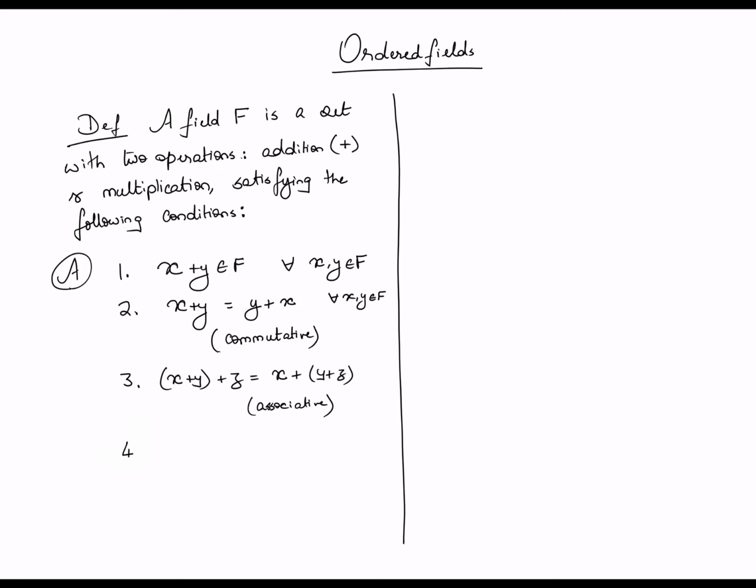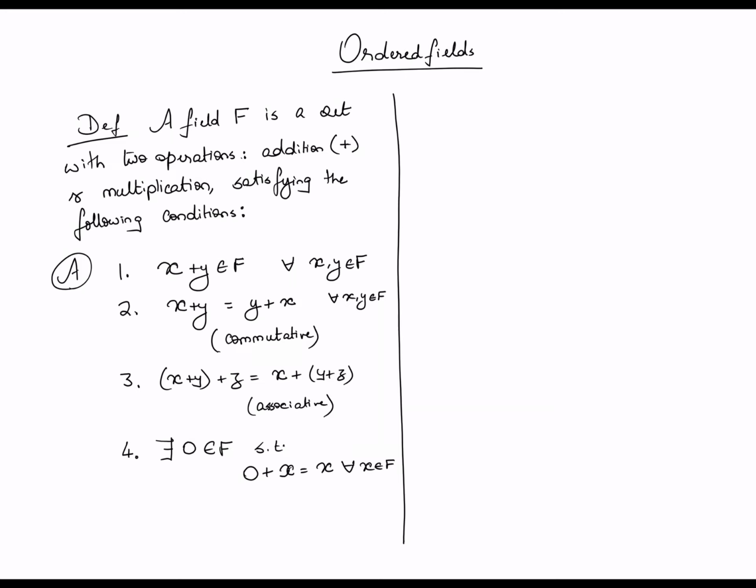The fourth property is in fact the existence of a special element called the additive identity. There exists an element called 0 in F such that 0 plus x equals x for all elements of the field.